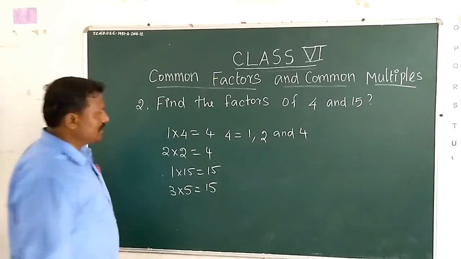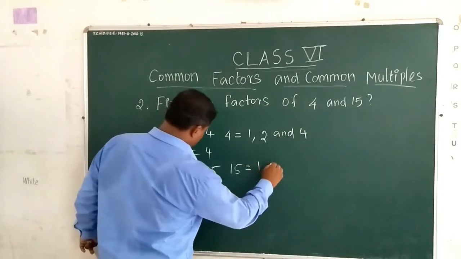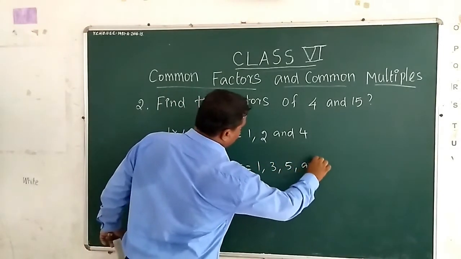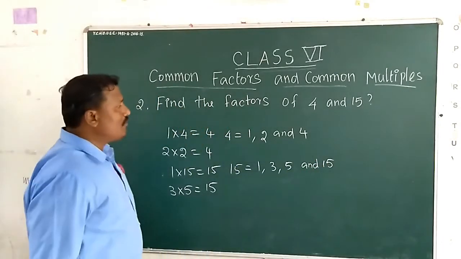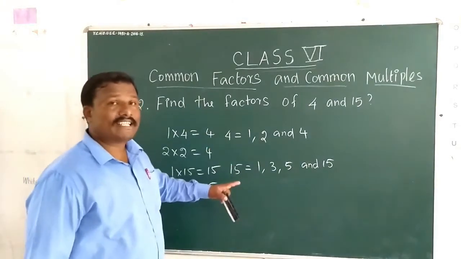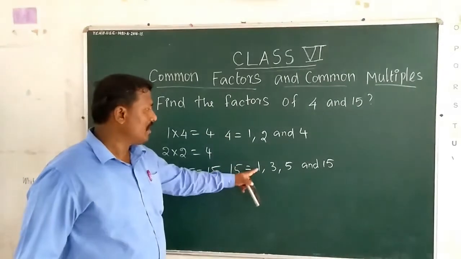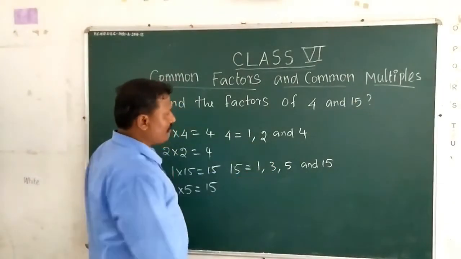Yes, this much only. So the factors of 15 are 1, 3, 5 and 15. If you find the common factors of both numbers 4 and 15, it is 1 and not others, only one.